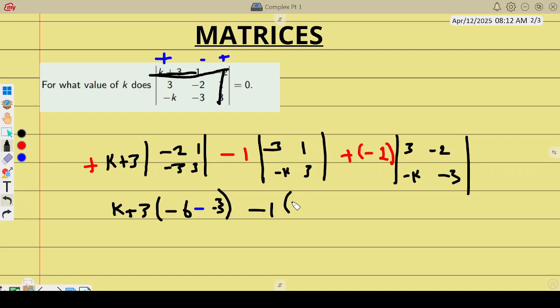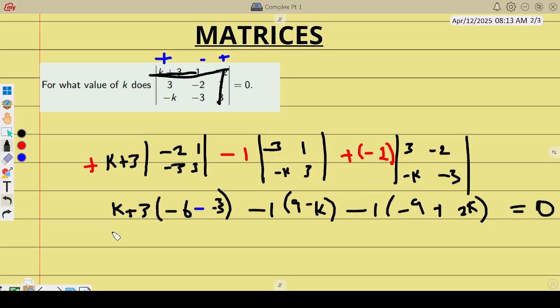Minus 1 here, 3 times 3, 9, minus k. And then this is now minus 1, 3 times 3, negative 9, plus 2k. So that this is equal to 0. Okay. So what will be the value of k?